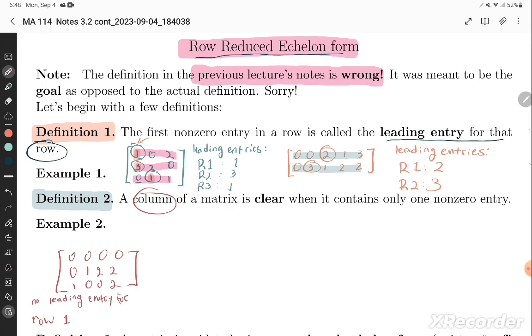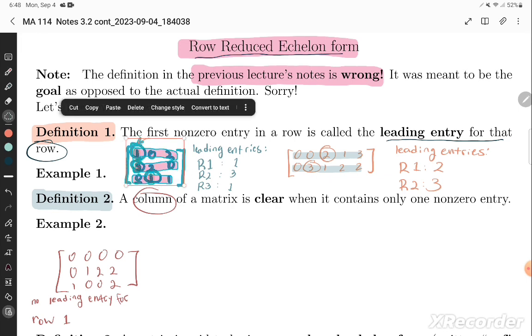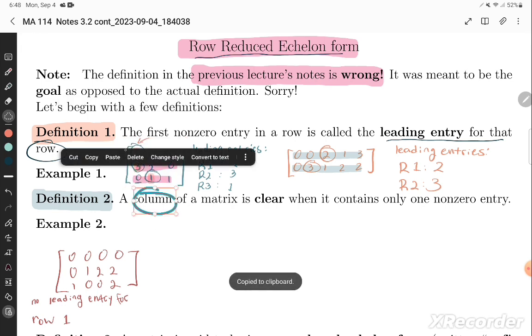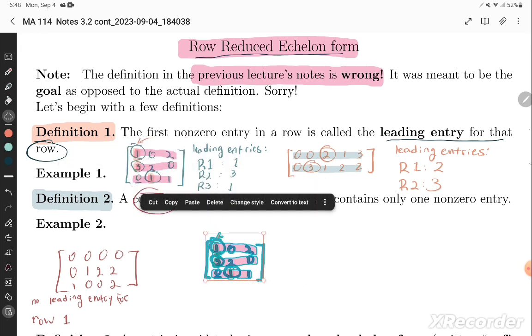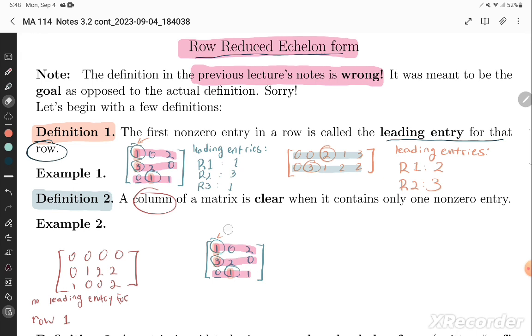So if I take my example from here, if I take this matrix, I copy it, I'm going to paste it down here, and I'm going to get rid of some things. I'm going to get rid of all the highlights because I want to highlight different things and bring different things to your attention.